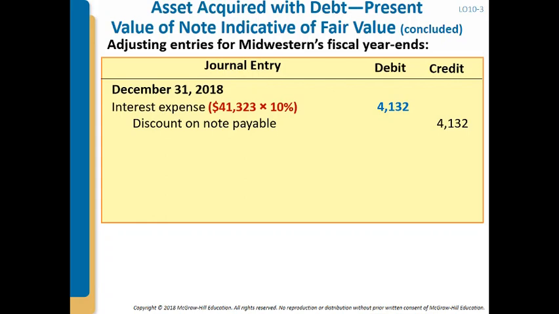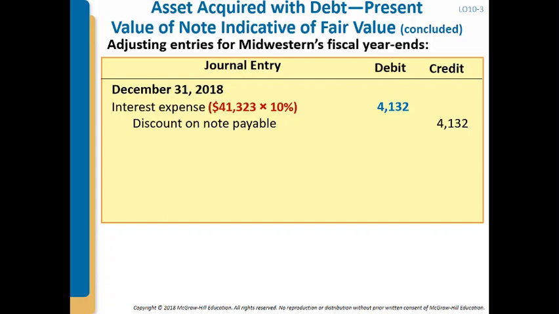And note what happens when you handle this. You're going to have, at the end of year 1, an interest expense of $4,132 based upon the implied value of the asset times 10%.